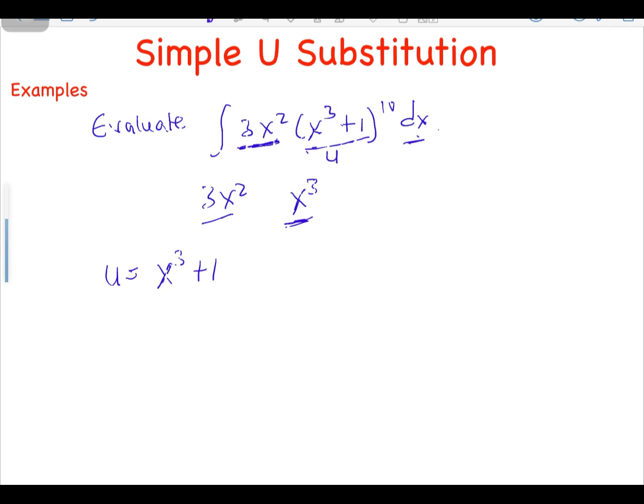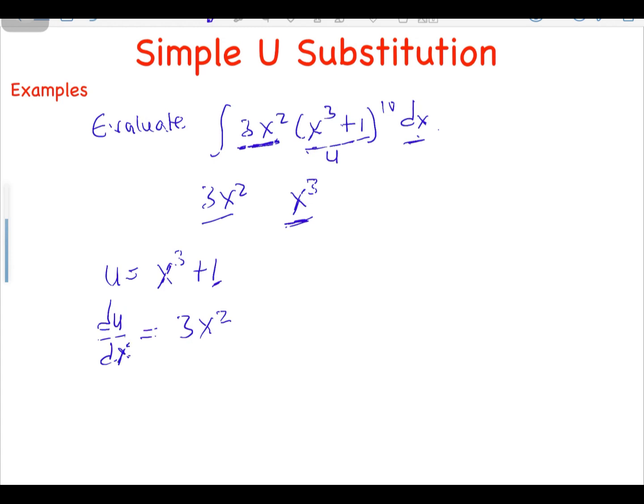What you have to do is find du. So it is going to be du dx, that means we are differentiating u with respect to x, and the answer is going to give us 3x squared. Remember that when you differentiate a constant, it's 0.